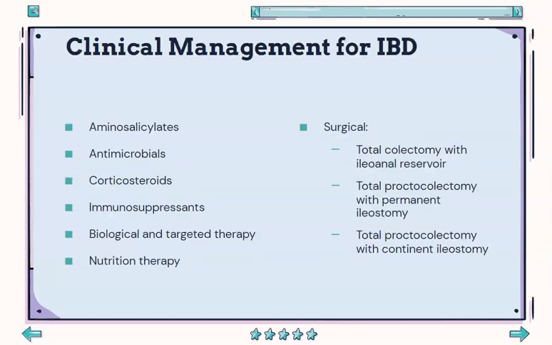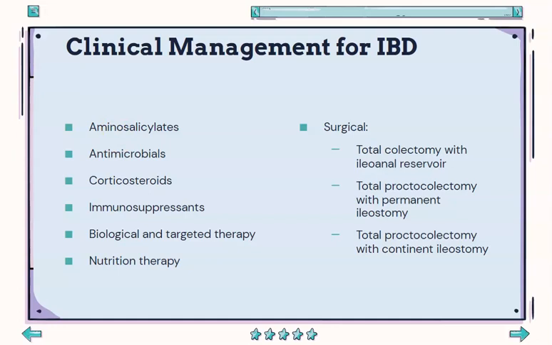So clinical management: aminosalicylates, antimicrobials, corticosteroids for inflammation, some immunosuppressants if it truly is an autoimmune component, and then targeted therapy. So if certain medications work better than others, certain treatments for certain patients are going to be that targeted therapy. Nutritional therapy is going to be huge as well.